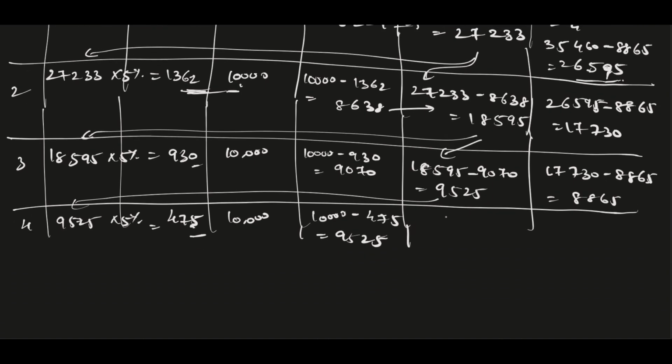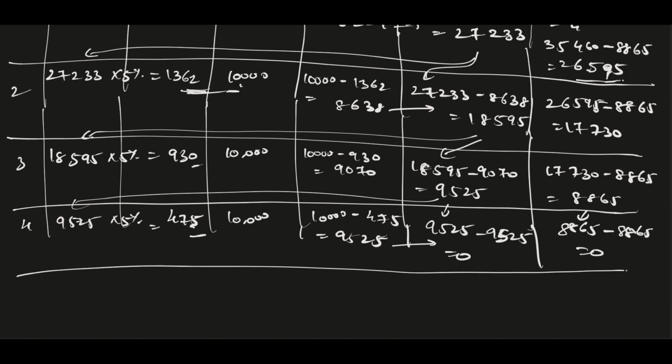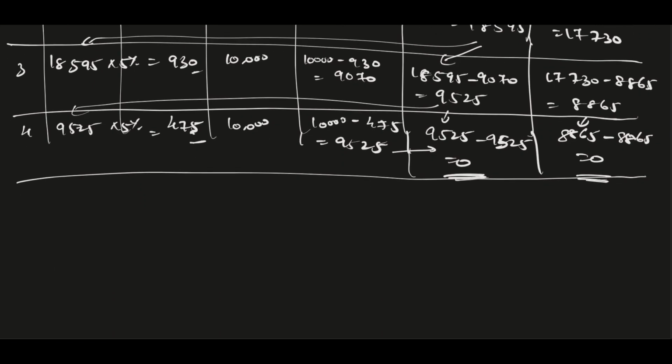So the ending liability will be, initially it was 9525, now this 9525 also paid, so the ending balance is 0. Assets perspective also 8865 is the one balance, minus 8865 every year I am amortizing, that comes to 0. So finally, the liability also comes to 0 and the asset also comes to 0.